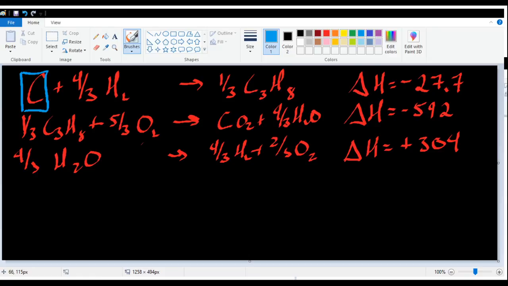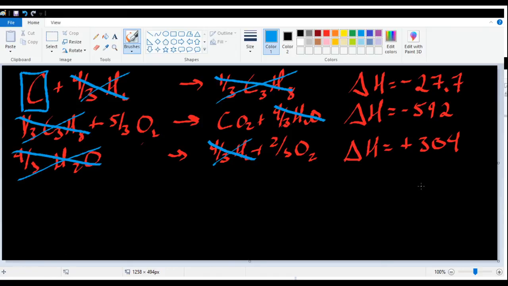We have 1/3 propane right there. We have 1/3 propane right there. It cancels out quite tidily. We have 4/3 hydrogen there. We have 4/3 hydrogen there. That also cancels out quite nicely. 4/3 water will cancel out with 4/3 water, just like we wanted. Our carbon dioxide is not going anywhere, which is good. We don't want it to go anywhere.